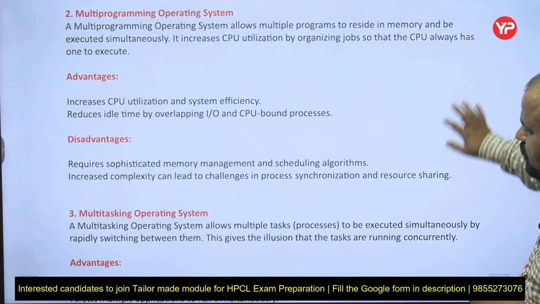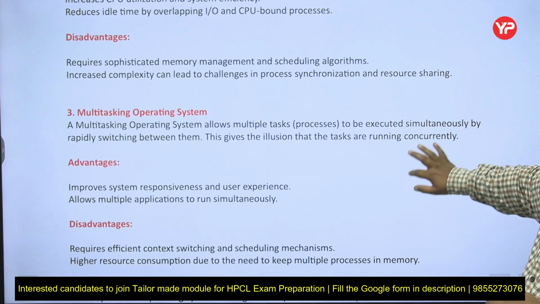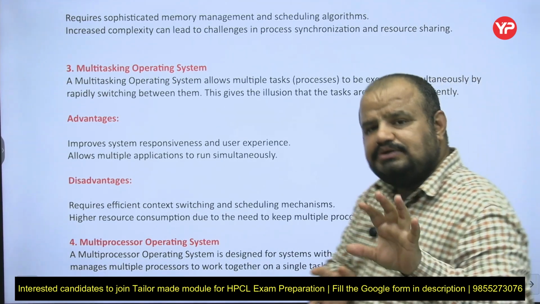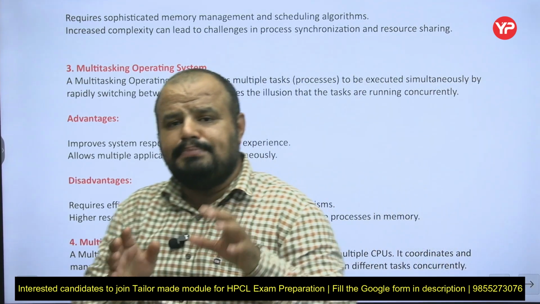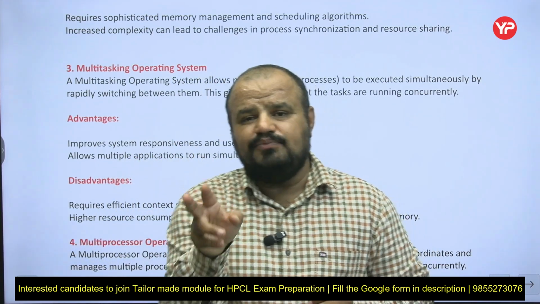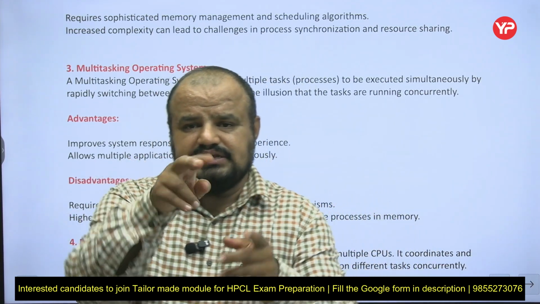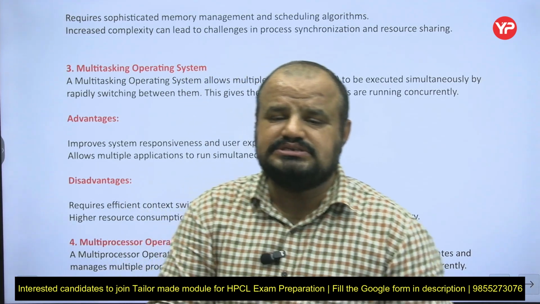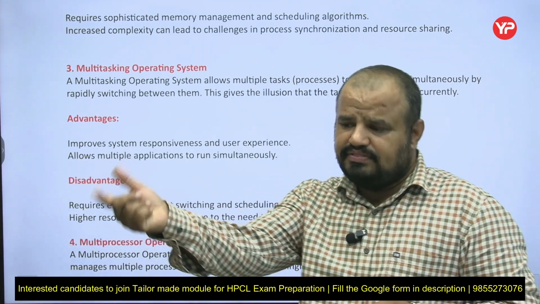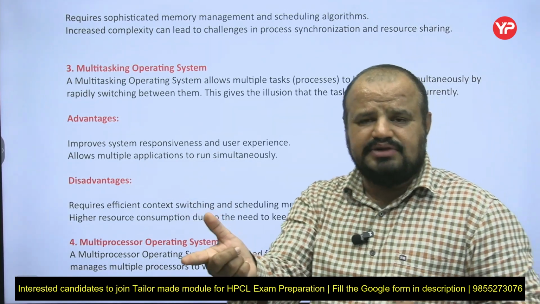Fine. But the point is now, what is a multitasking operating system? Multitasking is similar to multi-programming, but it depends on a time variant. It means the switching between processes is very high. One process is executed for, suppose, 5 minutes, then the next process, then 5 minutes for the next process.